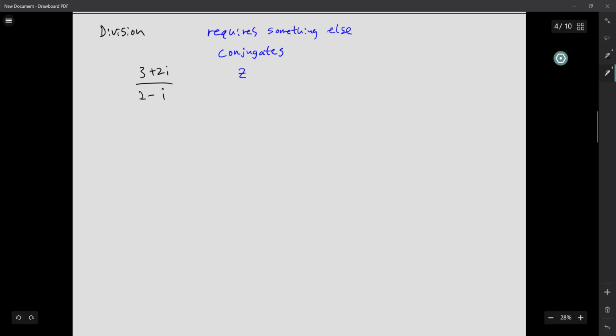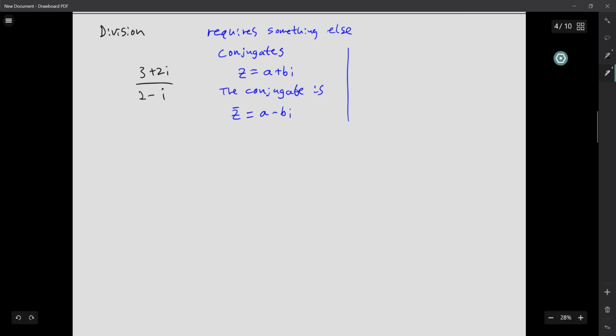So if I say z, which is the letter we use to say I have a complex number, if I say z equals a plus bi, then the conjugate is z bar, a little line on the top to say I'm using a conjugate, equal to a minus bi.